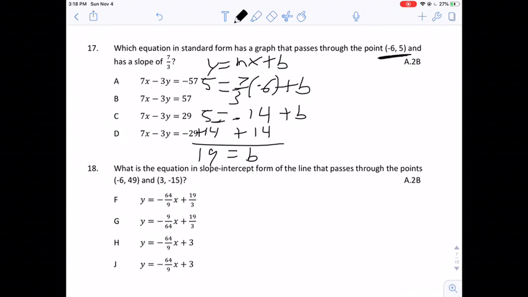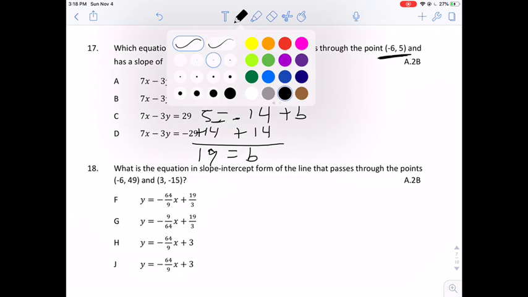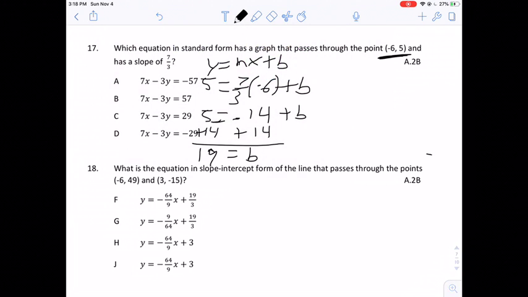Okay, so I want to do the second part of the problem. And I want to get all these equations. I know that my equation is going to be y equals 7 over 3 x plus 19.